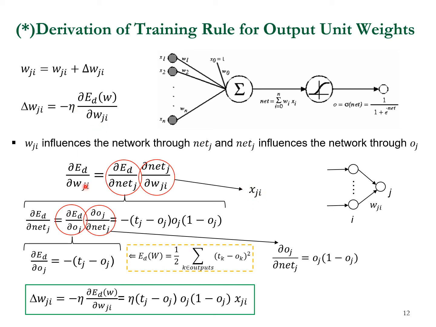Putting it all together, delta wji is eta times (t minus o) times o(1 minus o) times x, which is described in the pseudocode of the backpropagation algorithm. So this was the derivation of the weight update rule for the output node. In the next slide, we're going to show how the weight update rule for hidden nodes is derived.